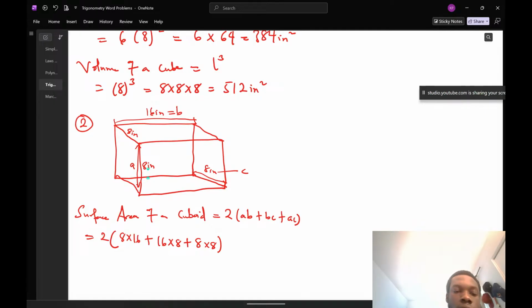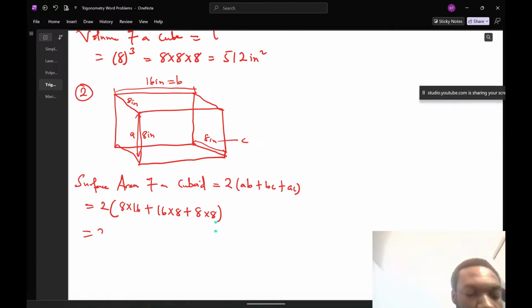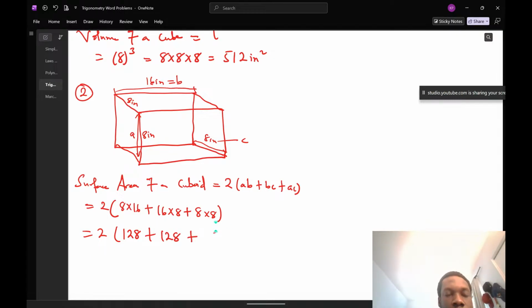So let's do 16 times 8. 16 times 8 will give us 128. So that will be equal to 2 into 128, plus 16 times 8 is still the same thing as 8 times 16, so plus 128, plus 8 times 8 is 64. So that will be 2 into 128 times 2. That should be, I mean, 256, my bad. 128 times 2 is 256.